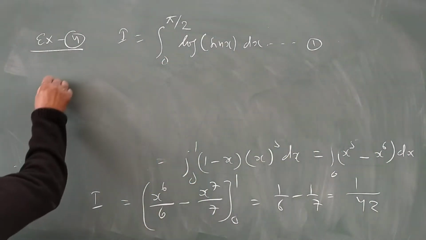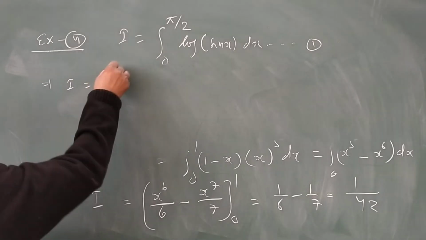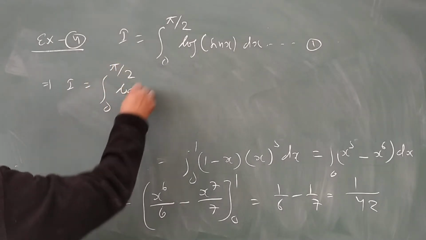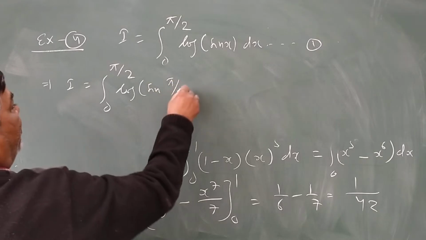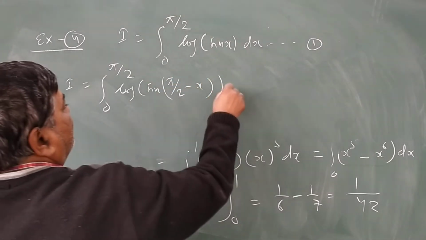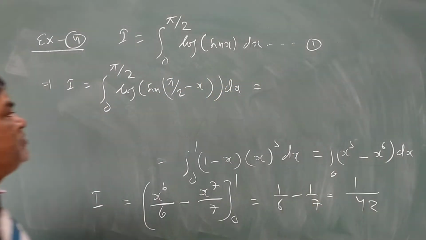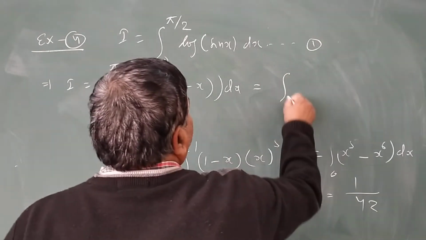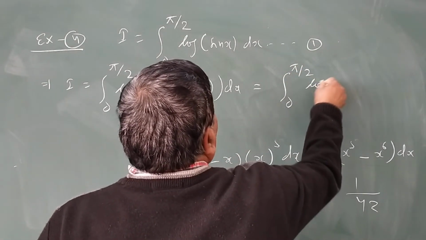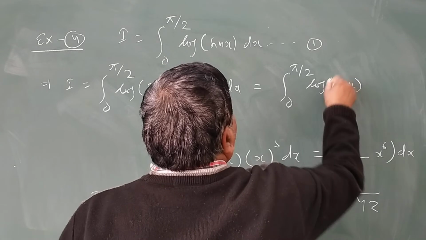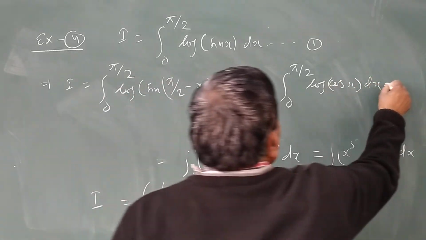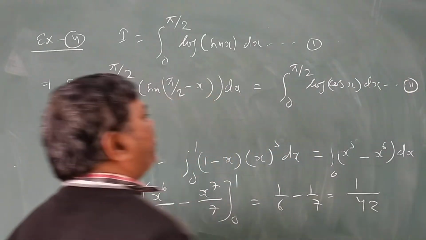So this is I is equal to 0 to pi by 2 log sin (pi by 2 minus x) dx. So this can be written as 0 to pi by 2 log cos x dx. So this is equation number 2.